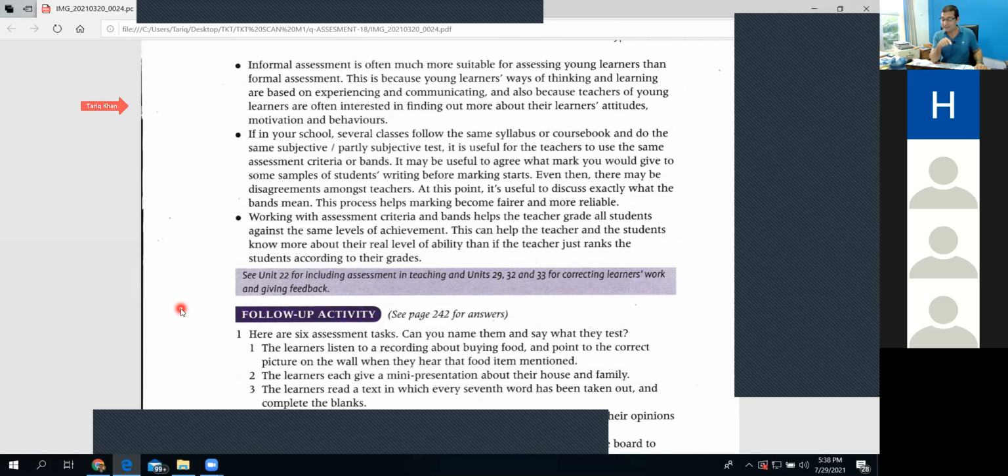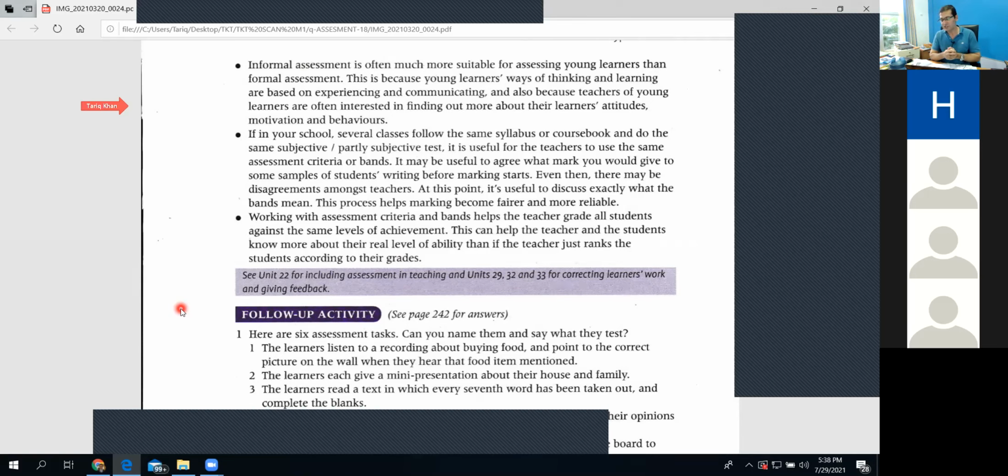So in this case, the teachers need to discuss the subjective tasks in the papers and the criteria, and clarify the bands for how they have to give marks for writing. They have to talk to each other and finalize it in order to make it fairer. Is that clear?